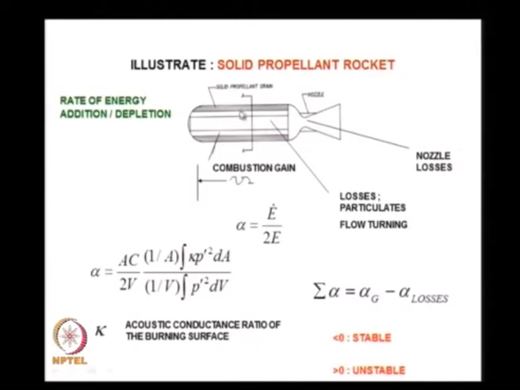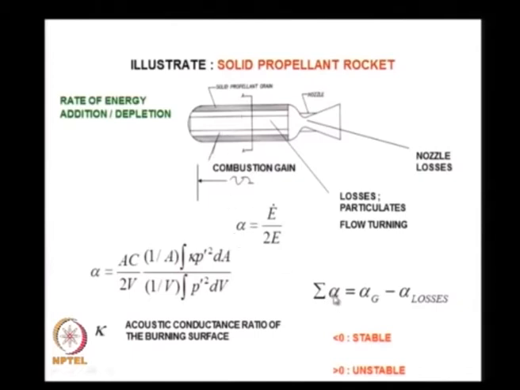And this is the way we make use of the T burner to evaluate the growth constant with the propellant kept at the antinode position, and convert the growth constant for a motor, for which case I take the whole wave, get the net value of the growth constant for a motor, and then subtract the losses due to the different dissipative effects and find out the net value of alpha.